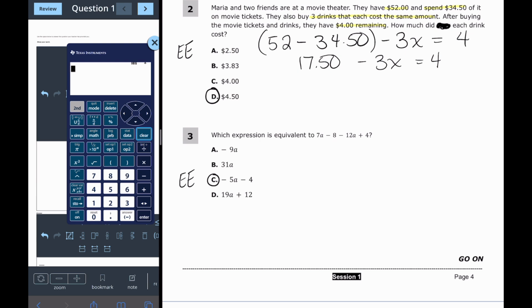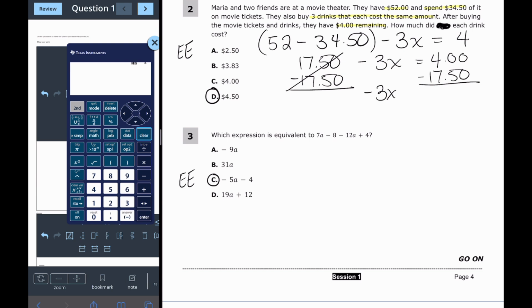Now I'm going to create a 0 pair because I want that 3x isolated. So by adding the opposite, this becomes 0, and I have negative 3x. And I have to do the same thing over here to the right. So think about it. You have $4, you owe $17.50.